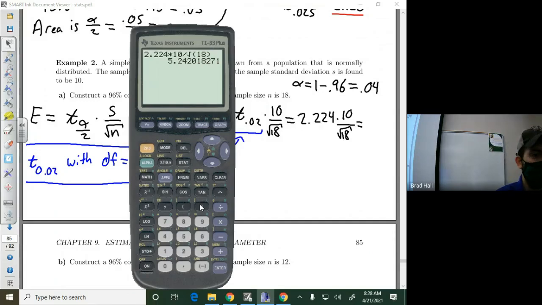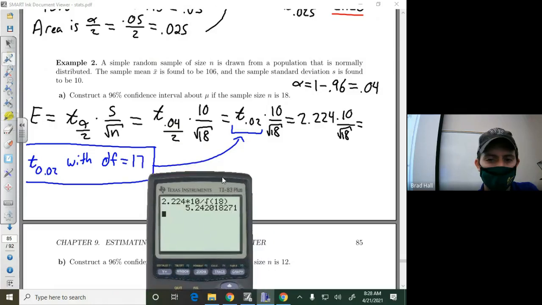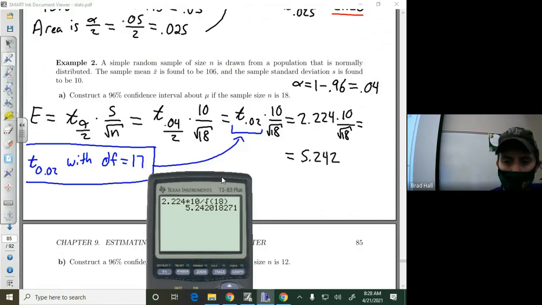I'll round this to a couple of decimal places here. I'll put that right here. 5.242. I'll do 3.